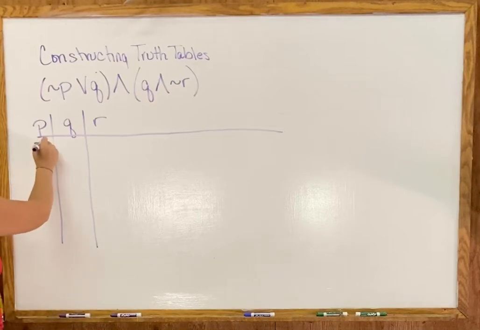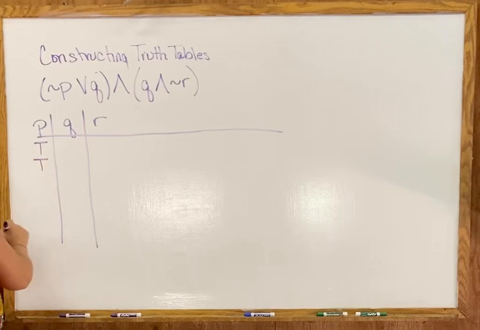So instead of just going true, true, we need a third true. Okay, so true, true. No, we don't need a third true, we need a fourth true, sorry. So true, true, true, true, and then false, false, false, false. I apologize.